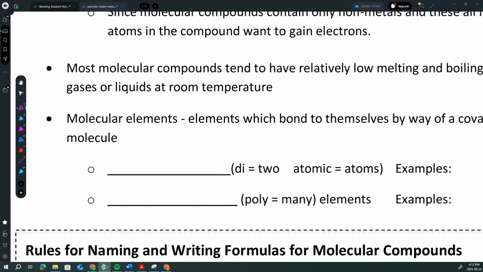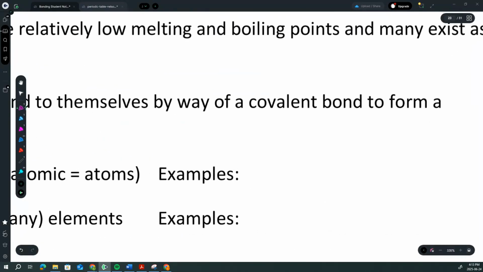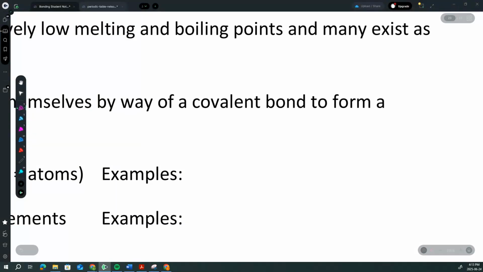With molecular elements, there are two types. There are the diatomic elements. This means whenever these elements are by themselves, not in a compound, they exist with two atoms grouped together.